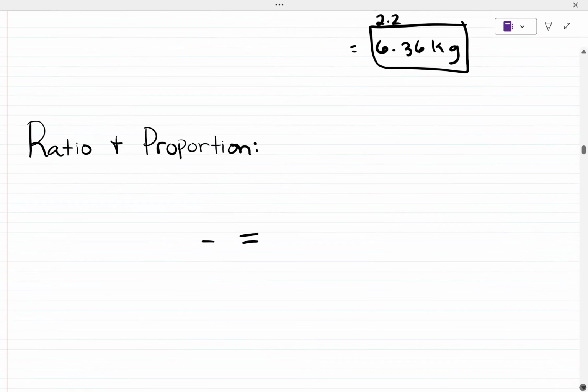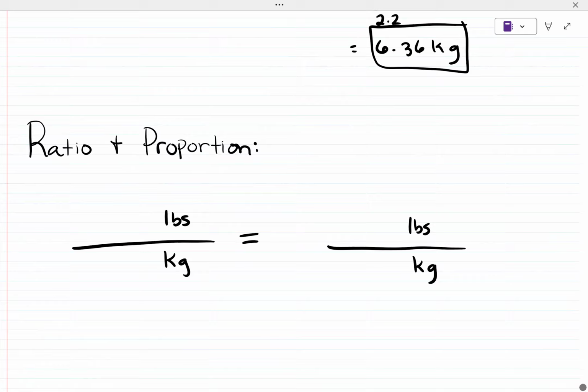Okay, ratio and proportion. So set it as a fraction. You could put pounds on the top, kilograms on the bottom, and then pounds on the top, kilograms on the bottom. We were given 14 pounds, and kilograms is our unknown, and then 2.2 pounds and 1 kilogram. Okay, go ahead and cross multiply.